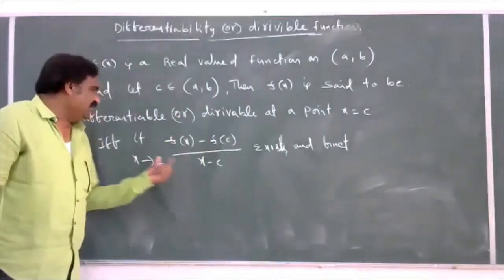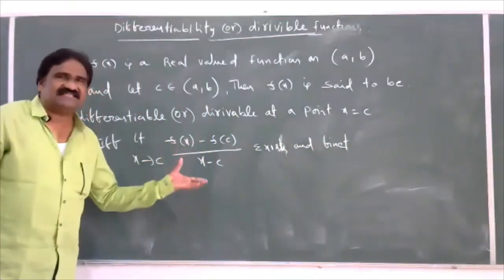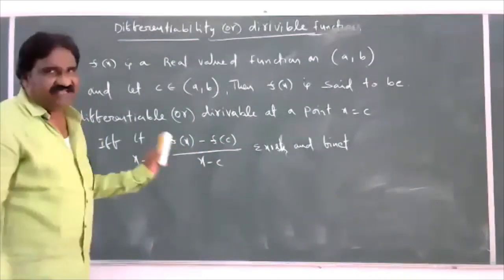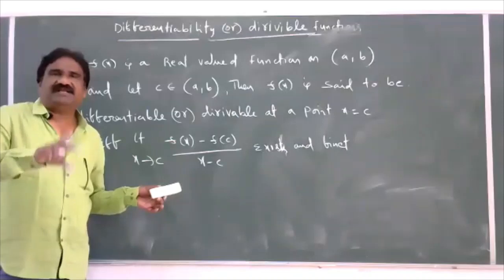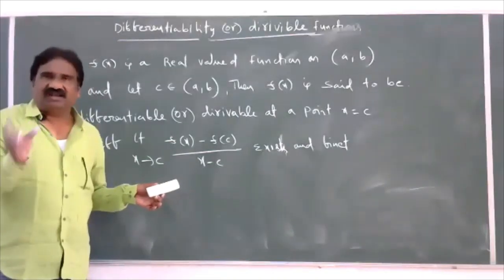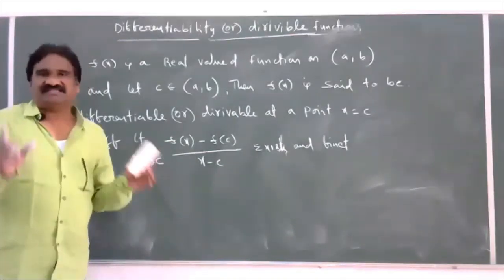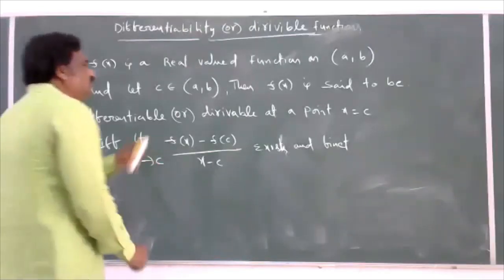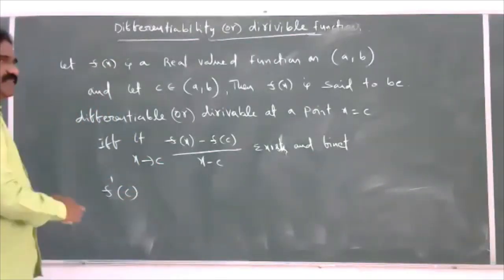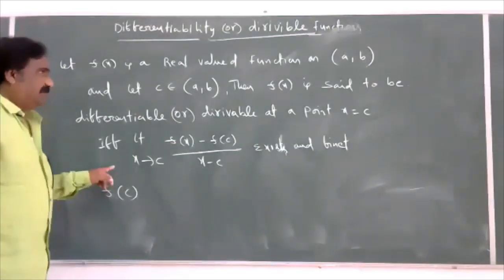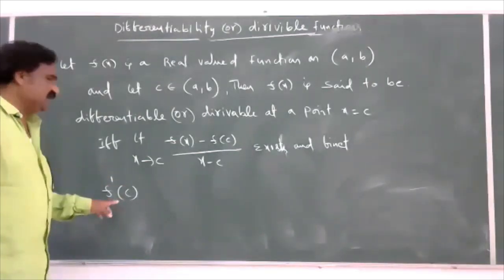Here the limit exists, already you know. Limit exists means left limit and right limit are both equal. Then we say that the limit exists. So this can be denoted by f dash c.